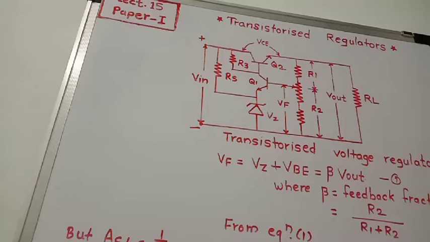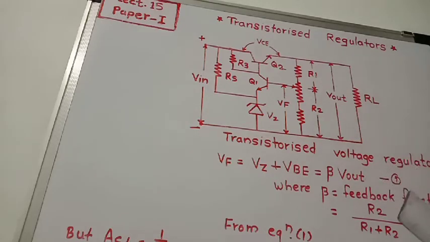This voltage regulator then regulates the DC voltage, that is, it keeps the output voltage constant irrespective of changes in input voltage or changes in load current.